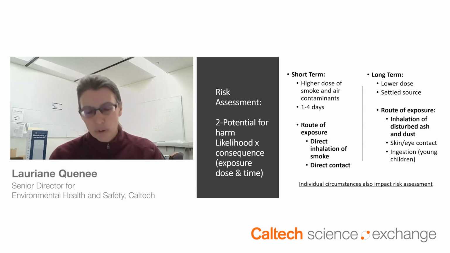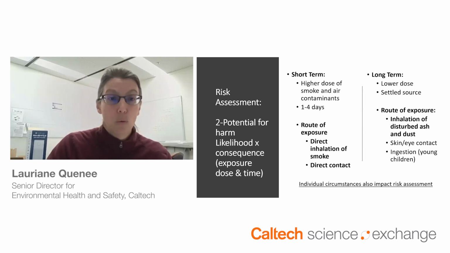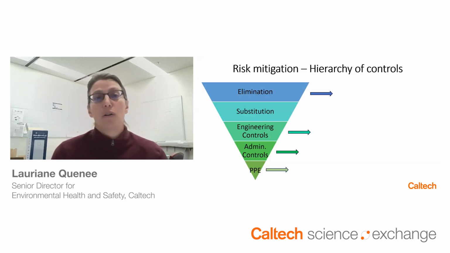At that stage, it's important to note that individual circumstances will also impact the individual risk assessment. And so that's how we frame risk. Now, when we go to risk mitigation, safety professionals rely on what we call the hierarchy of controls.